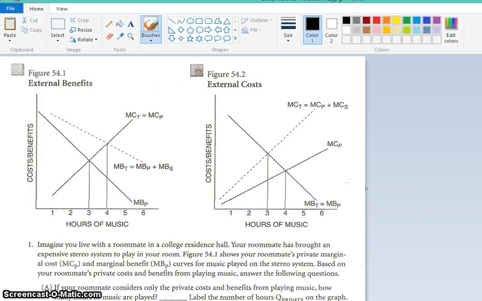Now, what we have here are two graphs. The question is, what do we have? Do we have external costs or external benefits? So think of external as social benefits or social costs, or added extra benefits or extra costs. Well, here in this scenario, we have extra costs.